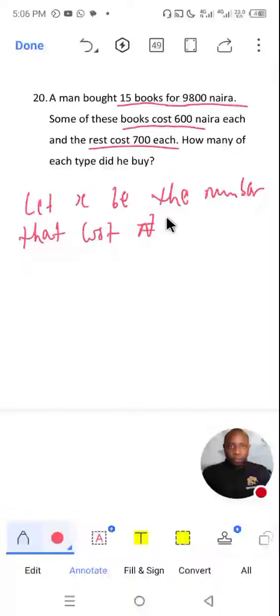This is the symbol for naira. And let y be the number of books that cost 700 naira.